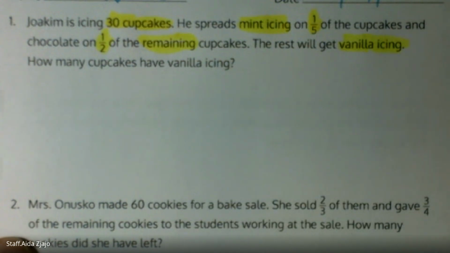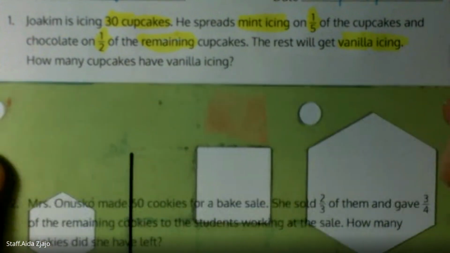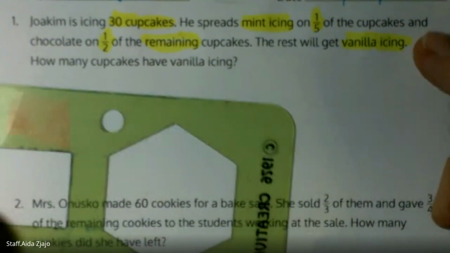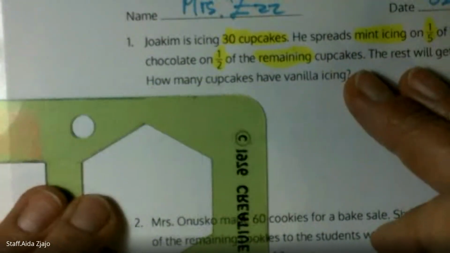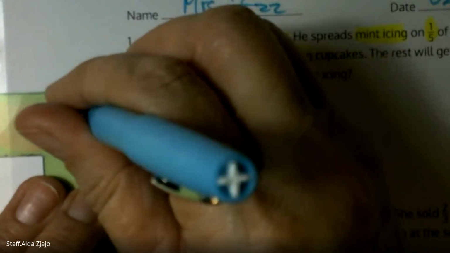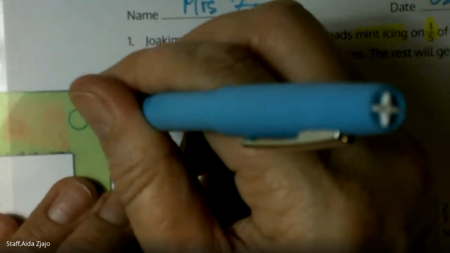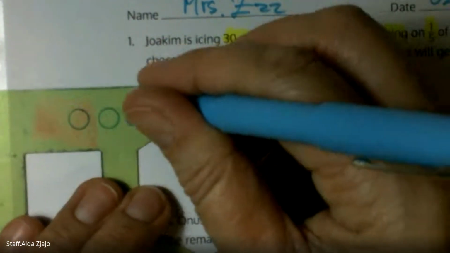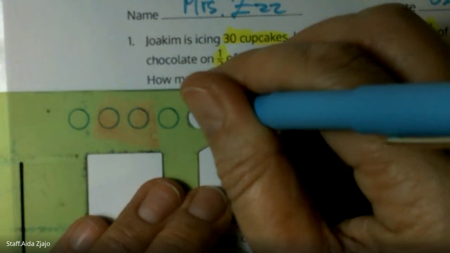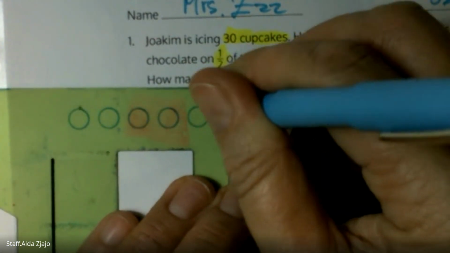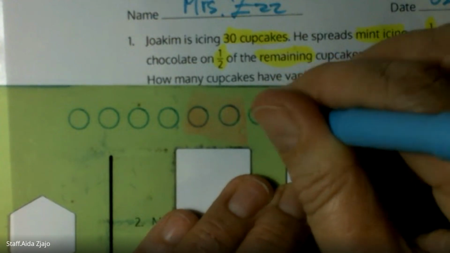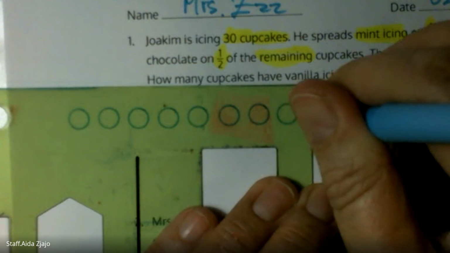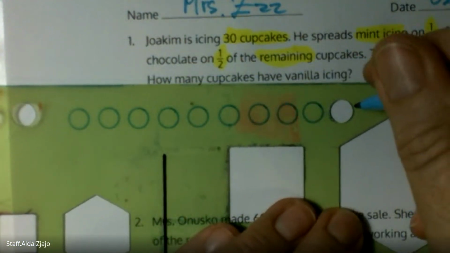So this is called a set model. When we want to show that, let's make 30 cupcakes here. I'm going to do 10 in a row: 1, 2 cupcakes, 3, 4, 5, 6, 7, 8, 9, and 10.